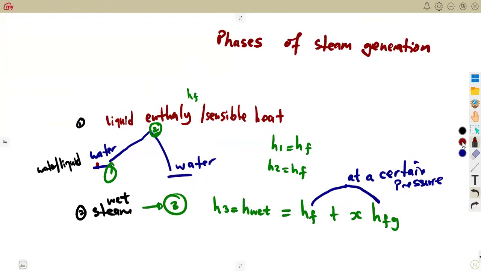Then the water is further heated until we have the dry saturated steam. The dry saturated steam, which is our Hg, is also a value which you can simply obtain from your information sheet, from your steam tables.